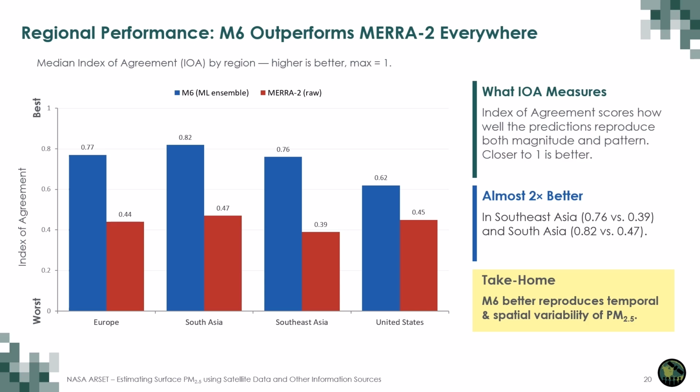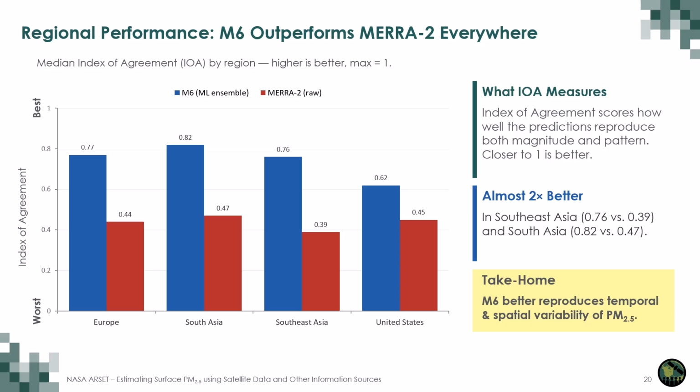Here is another performance metric showing the performance of CNN versus raw MERRA-2 PM2.5. The bar shows the median index of agreement, which measures how well the estimations capture both the magnitude and pattern of observed PM2.5. Closer to 1 is better. Across every region, CNN performs substantially better.